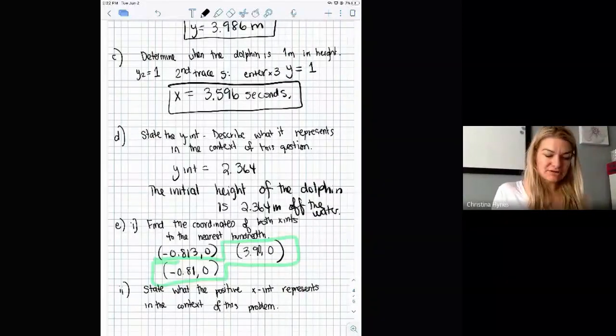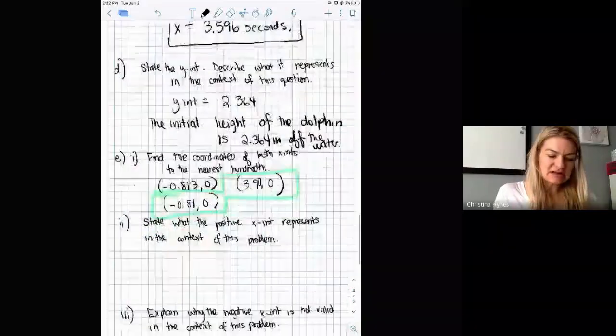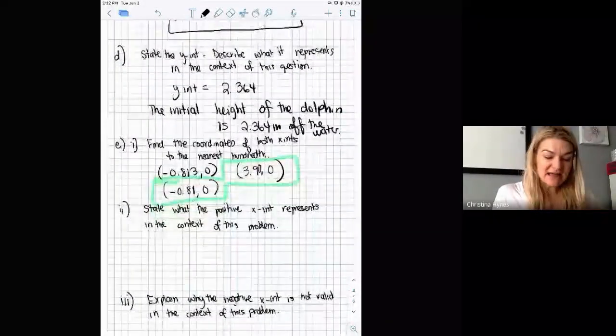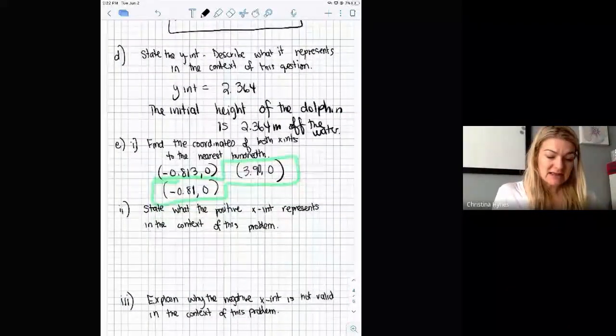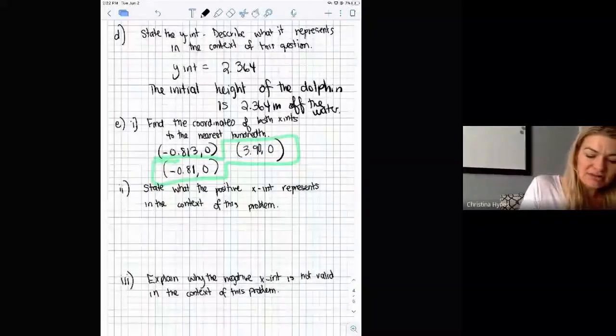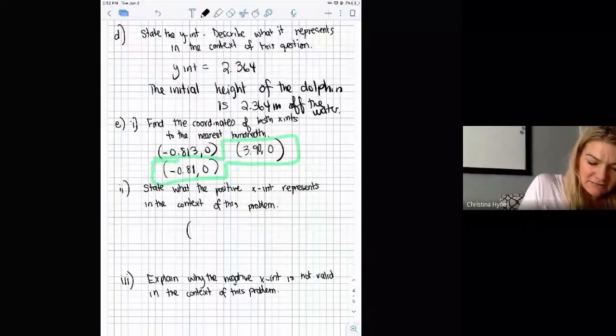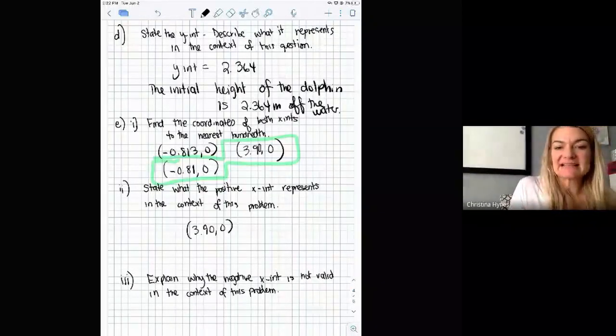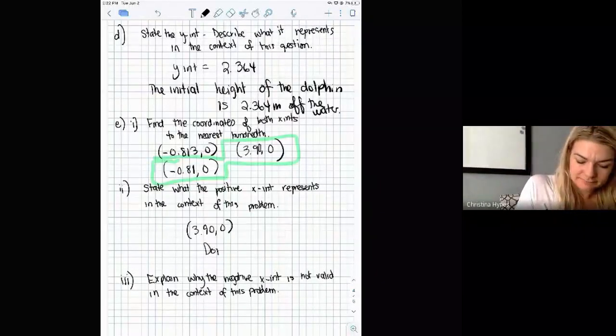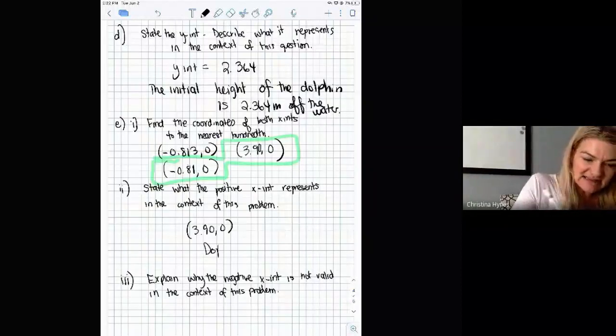Now that they have the coordinates of the two x-intercepts, they want us to state what the positive x-intercept represents in this context. So the positive one of 3.90, comma 0, this is when the dolphin lands in the water. So this is how long it's going to take.